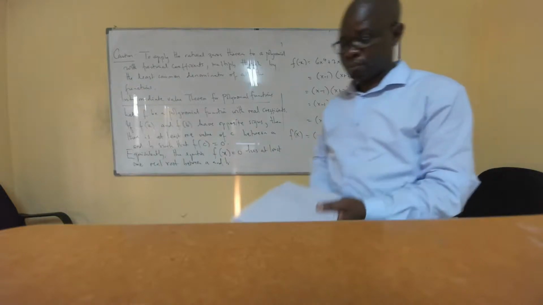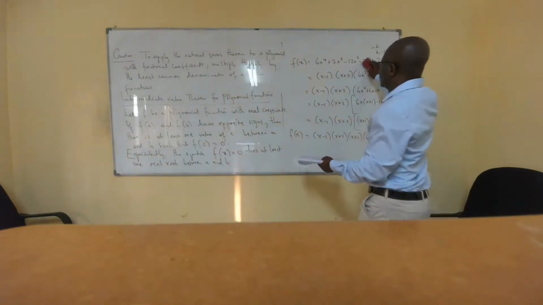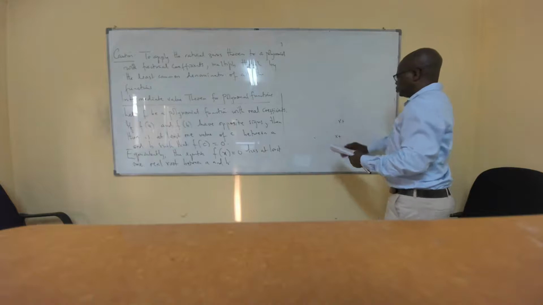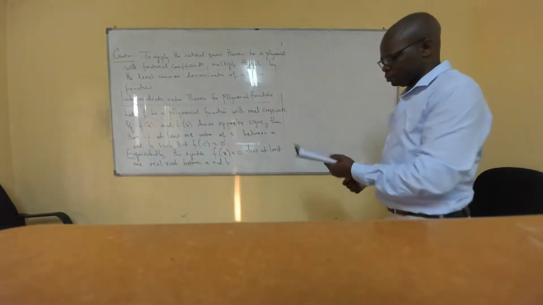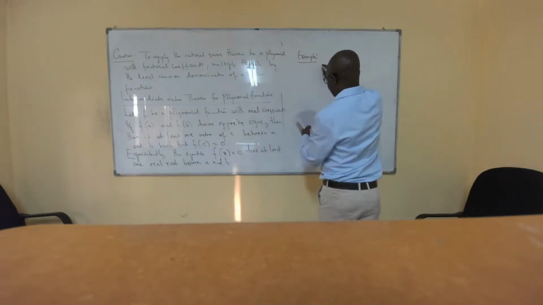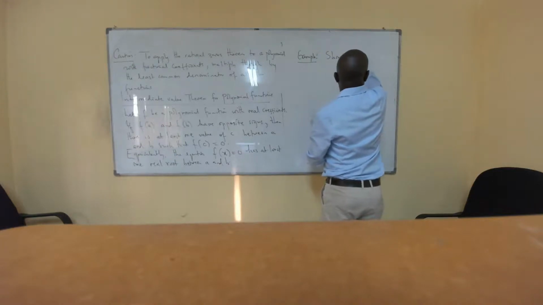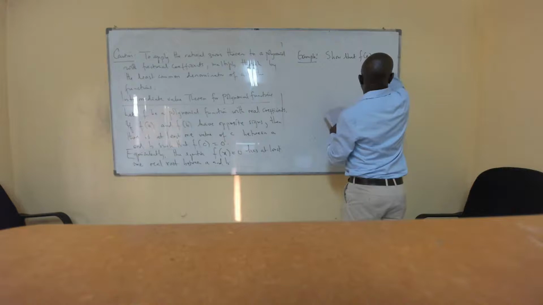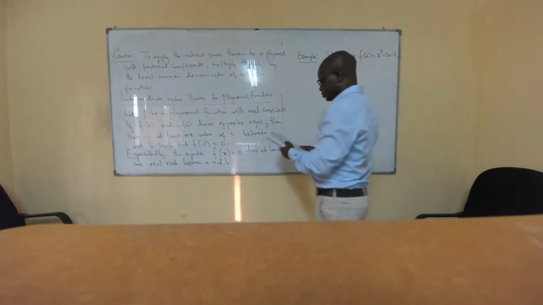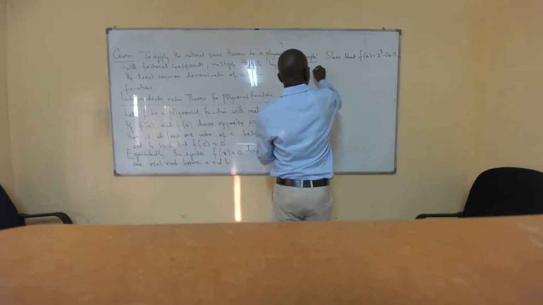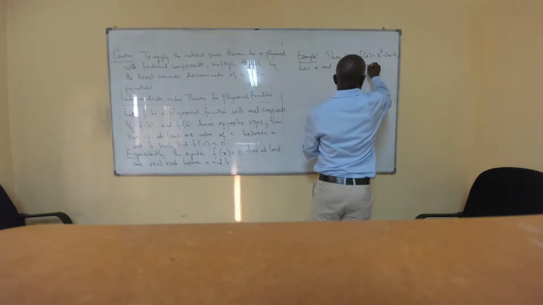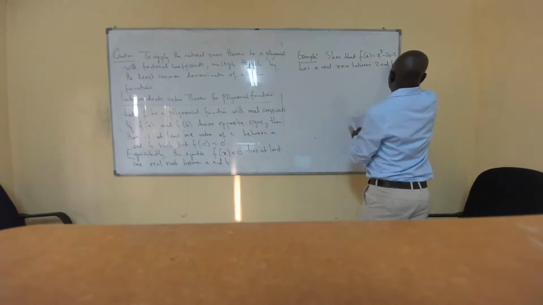So, an example: show that f of x equals x to the power 3 minus 2x minus 5 has a real zero between 2 and 3.